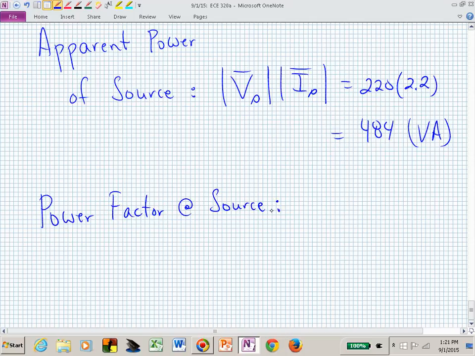We could also calculate the power factor at the source, which is different than the power factor at the load. What was the angle of our source, where the angle now is theta sub v of the source minus theta sub I at the source? This is now cosine. What was that angle?